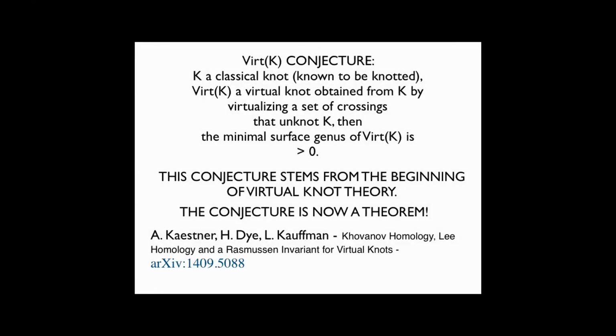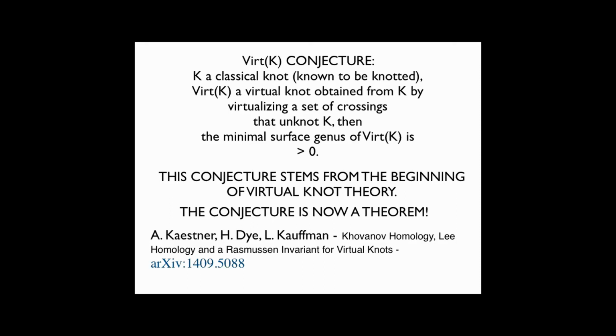Now here's a conjecture that we had, which we managed to solve. The conjecture is that if you form the virtualization of a classical knot the way we did, then it will always be non-classical. That's what I said I wanted to prove for the trefoil case, but I claim that we should know it for every possible case.